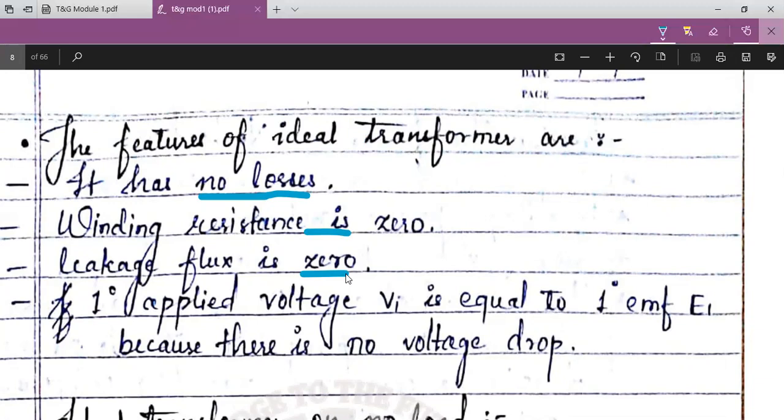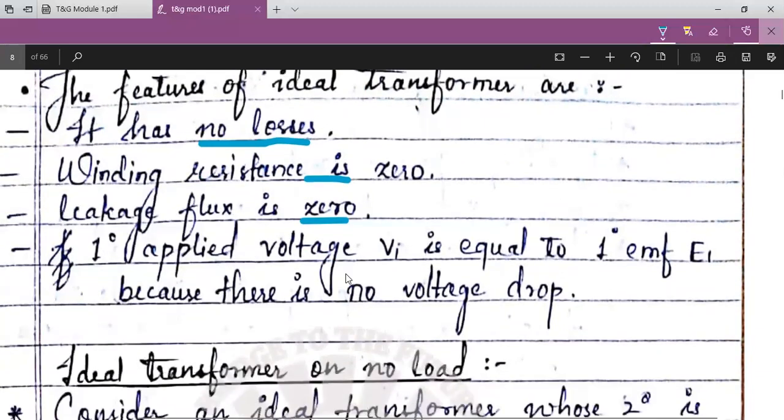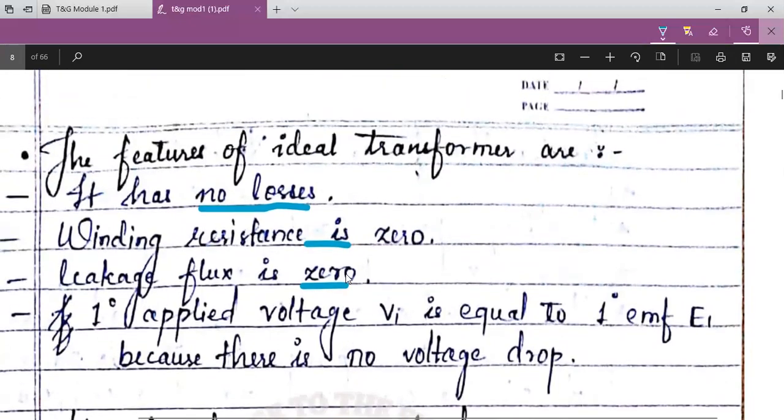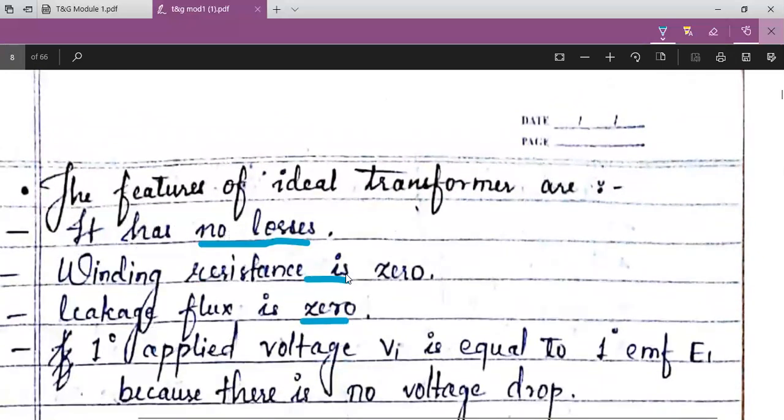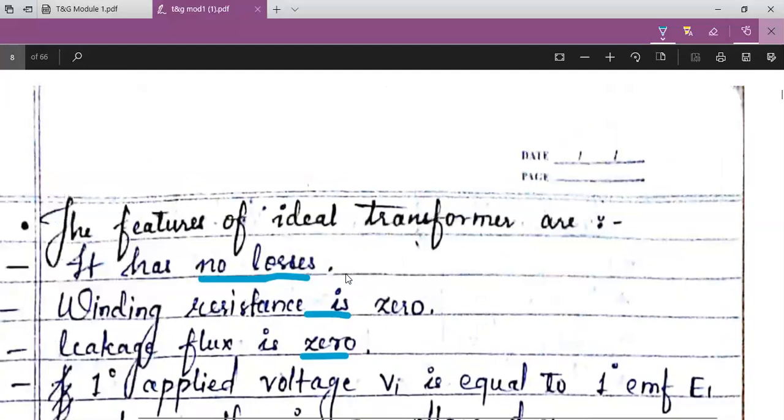There is no voltage drop, so the input power is the same as the output power. So these 4 points you should remember: no losses, winding resistance is zero, leakage flux is zero, and input power equals output power, that is V1 I1 equals V2 I2.